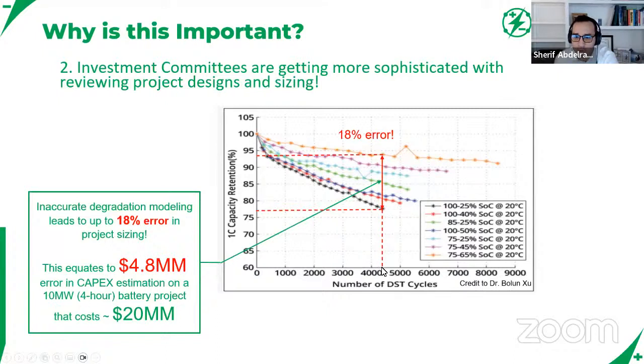As an example, at about 4,300 cycles, the same battery in black, cycled from 100% down to 25%, had degraded to about 77%, versus the orange one, which was only cycled between 75 and 65%, but more times because it's a smaller depth of discharge.